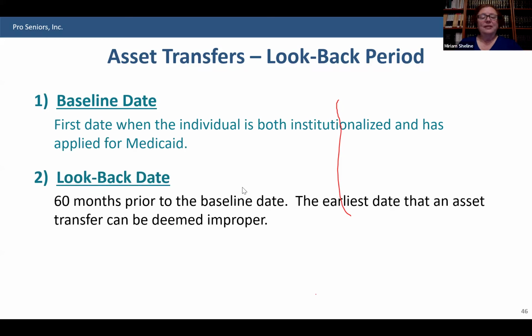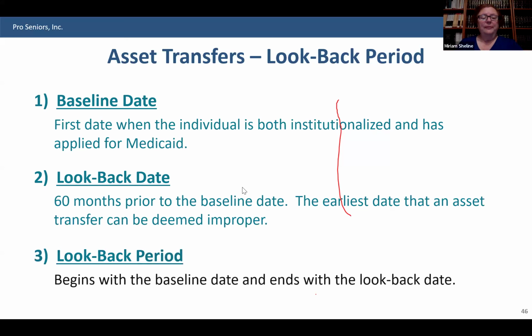And this is the earliest date that an asset transfer can be deemed improper. So if the transfer was 61 months prior to institutionalization and application, it doesn't count. The look back period begins with the baseline date and ends with the look back date. And as we said, an improper transfer is anything that happens during that look back period.